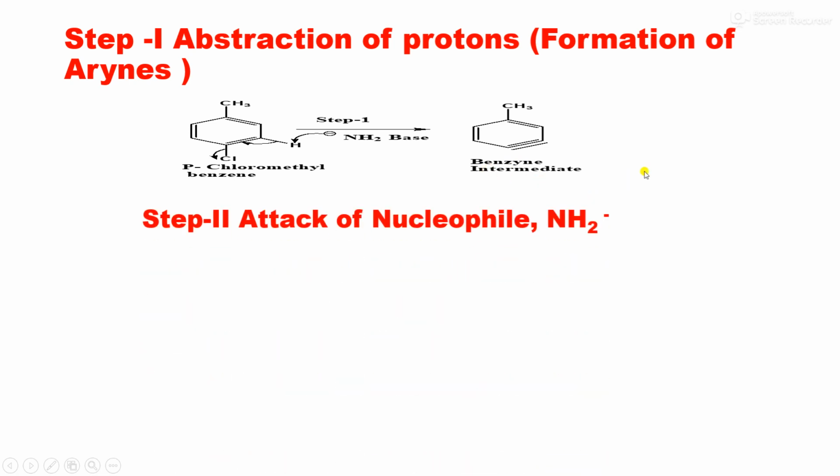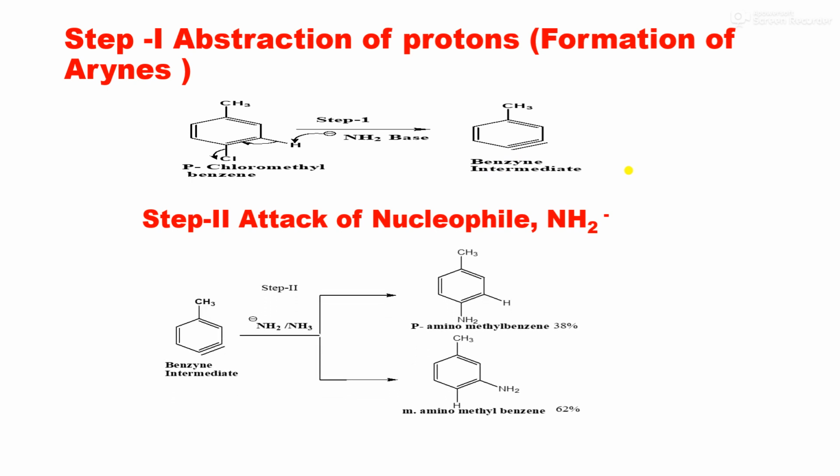And once the benzyne intermediate is formed, the second step consists of attack of the nucleophile, that is NH2 minus, in different ways. So this is the benzyne intermediate obtained in the first step, and the NH2 minus nucleophile attacks in different ways. The first way of attack is NH2 attacking in place of chlorine.